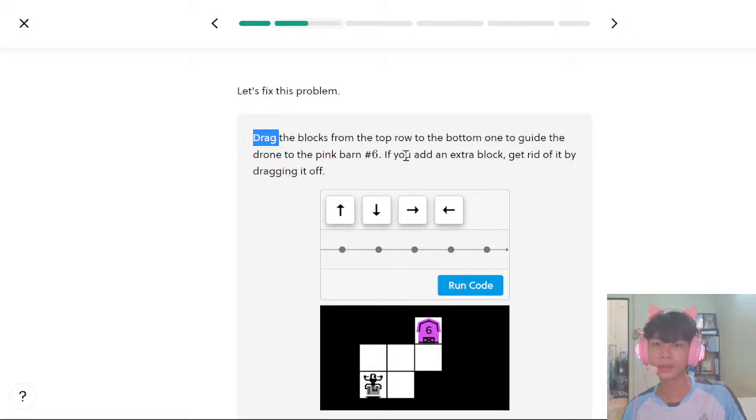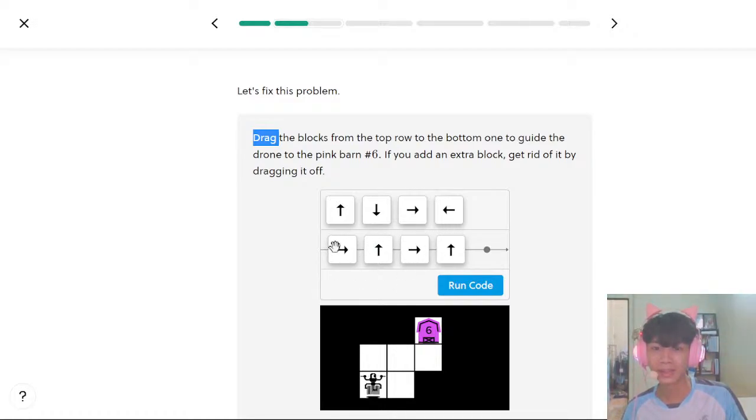If you add an extra block, get rid of it by dragging it off. No, we need five. We need 5 blocks. Oh my god, it's tricky. It needs at least 5 blocks.